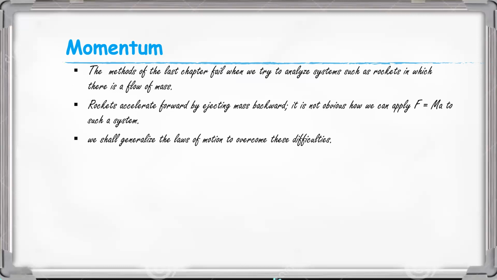Actually, Newton's second law states that the applied force is directly proportional to the rate of change of momentum. We begin by restating Newton's second law in a slightly modified form.